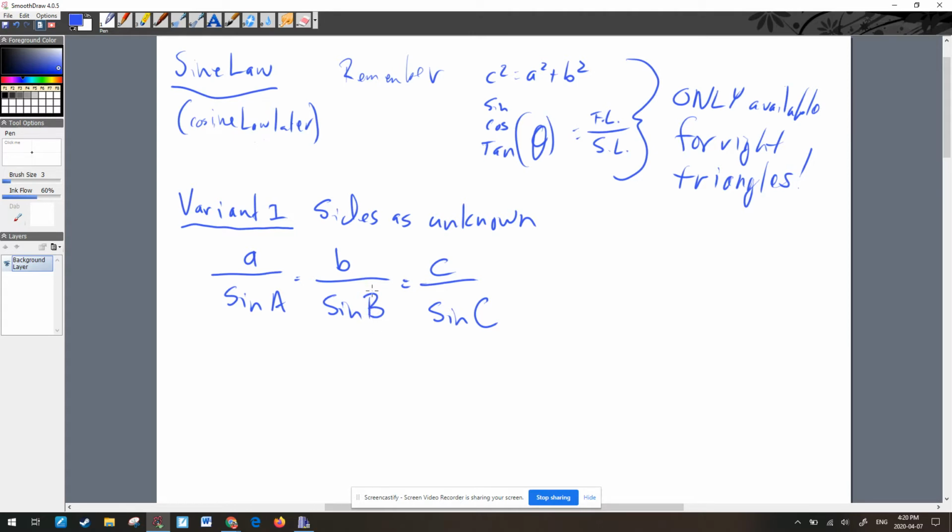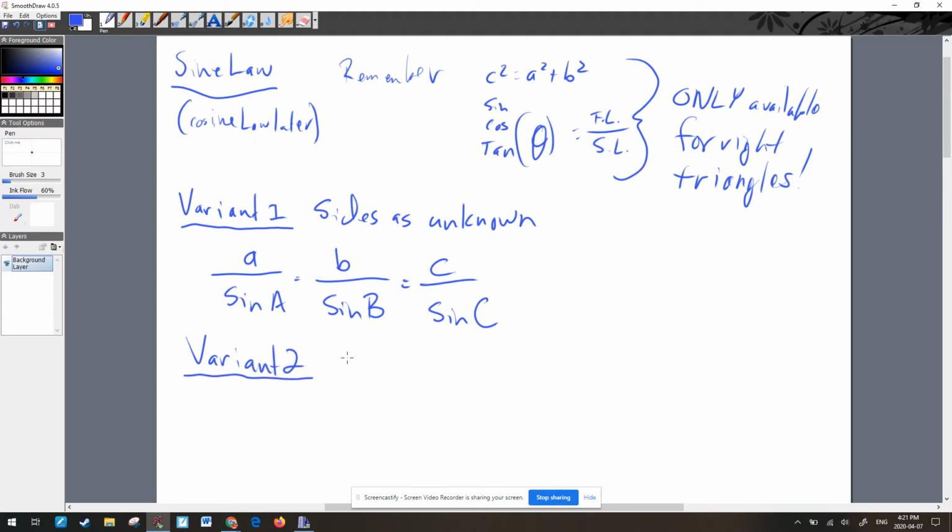And the case is really important, and we're going to get to that in a moment. It's really important to know that the case of the letters has a particular meaning when we're talking about trig. And I'm going to write out variant 2, and it's going to look extremely similar, almost identical, in fact.